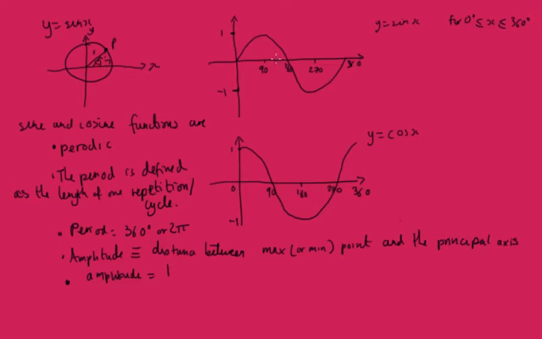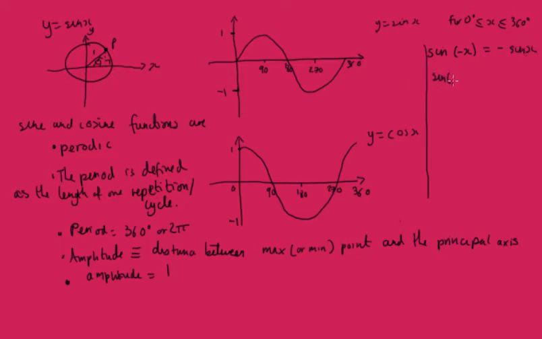Because of the symmetry in the sine function, we can show some important relationships. I'll write these down here, and it's important to go and look at these, but also to look at them for the cosine function. And that's a good wee exercise to go and do. Play with the graphing software and see what the relationships are. So sine of minus x is the same as minus sine x.